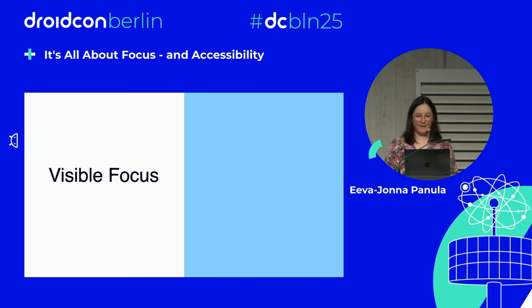It has three levels: A, then AA, and then AAA. I'm not going to talk too much about WCAG, but the first two, A and AA, are usually the minimum you need to comply with if your app needs to comply with the law. AAA is usually not included.